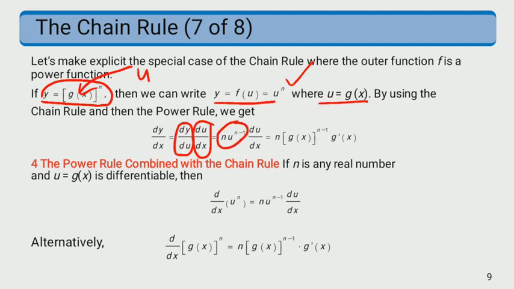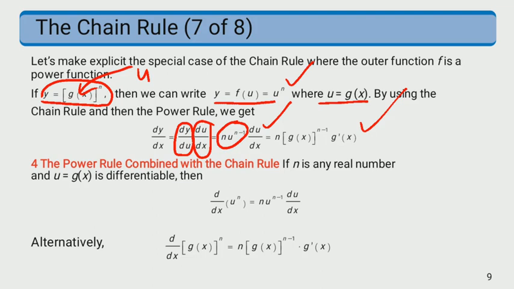You also have du/dx. We can leave it like that, or remember that du/dx is nothing but the derivative of g with respect to x. So this is a bit more general chain rule for the power function, for the function raised to some power n.